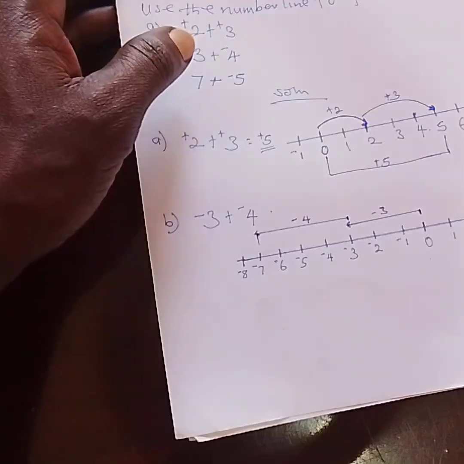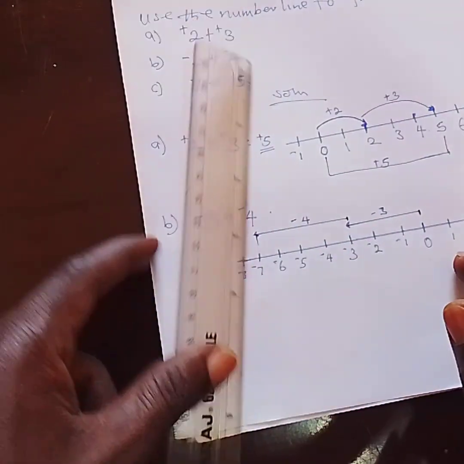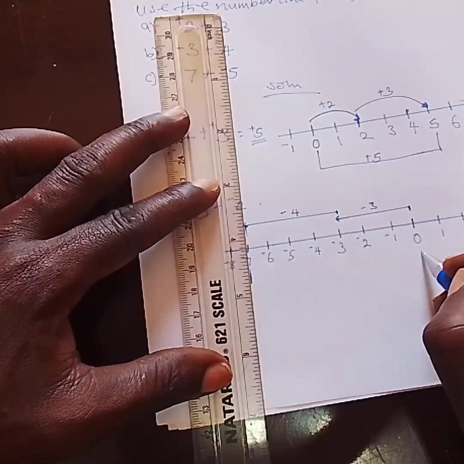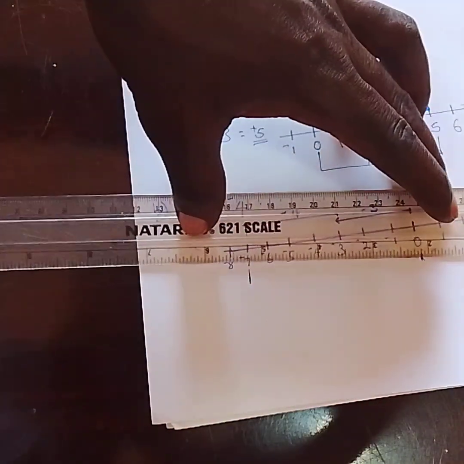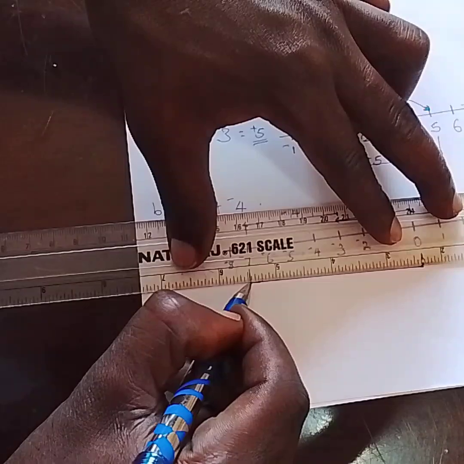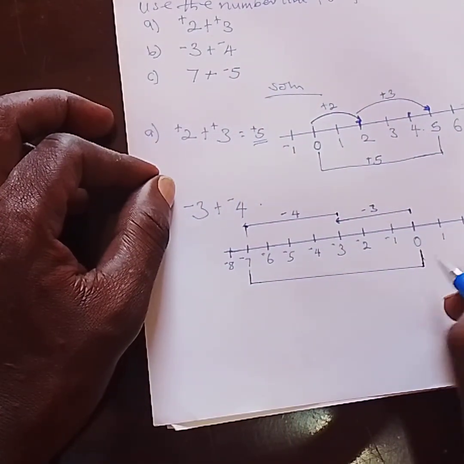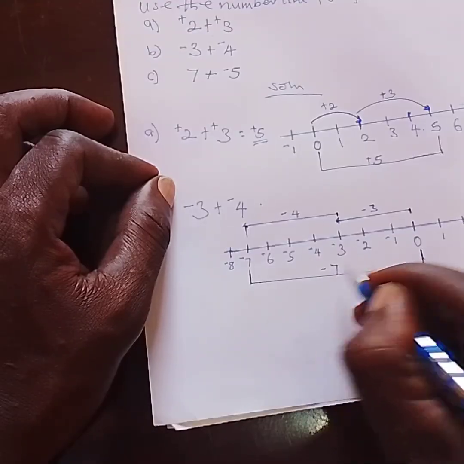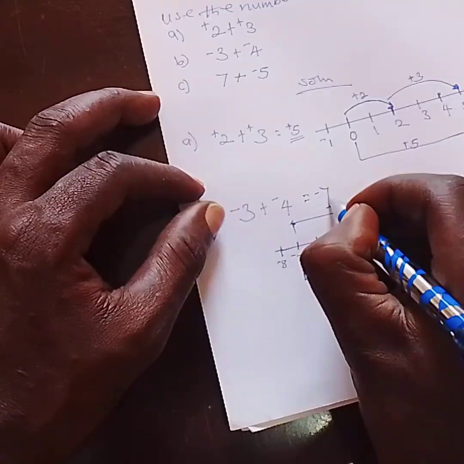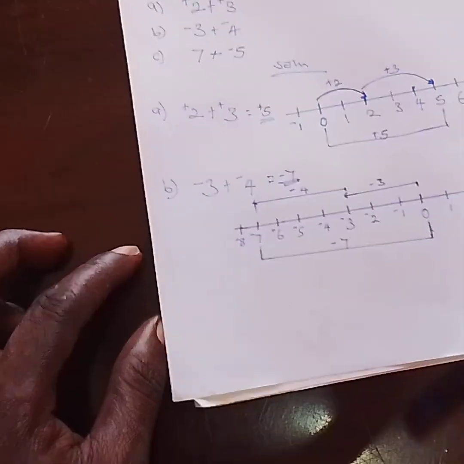Now our final answer will be negative 7. You can now put from here up to your starting point. This is the negative 7. So your answer here is going to be negative 7. That is your final answer.